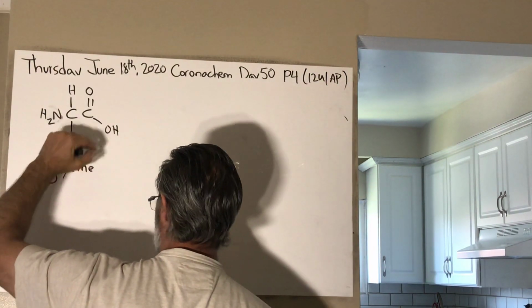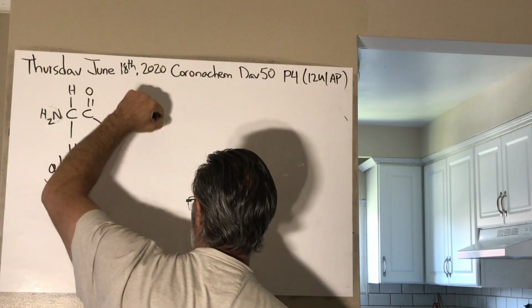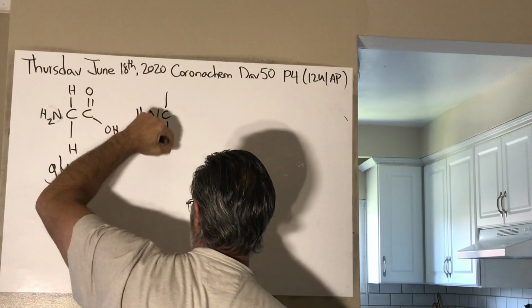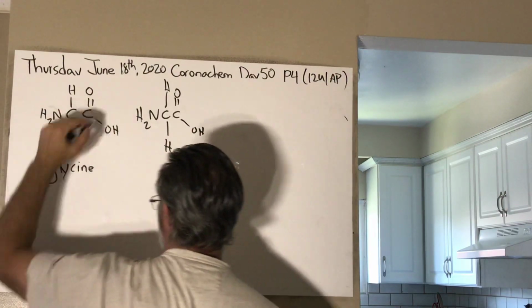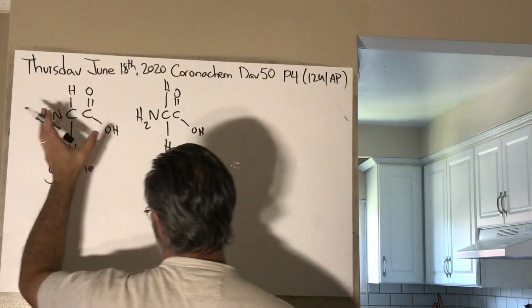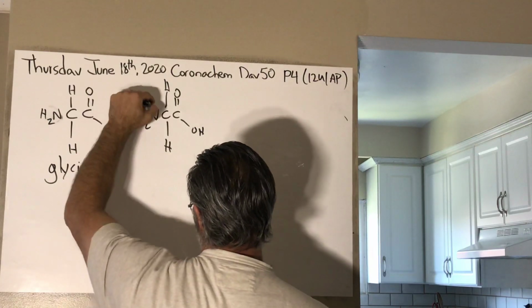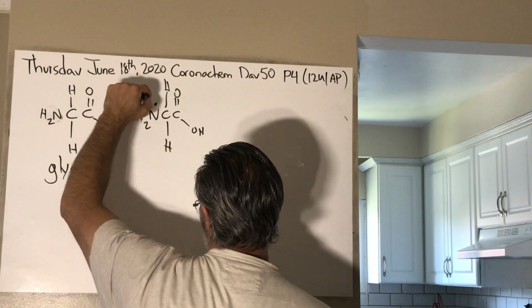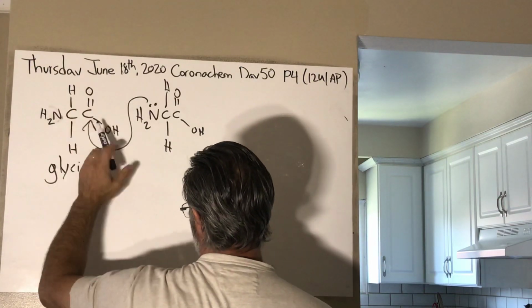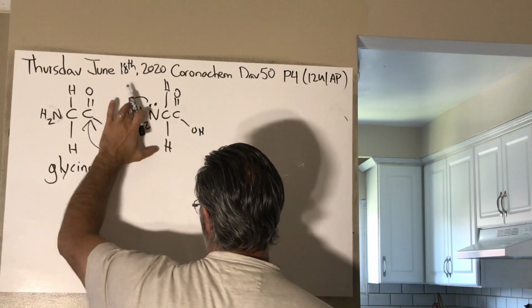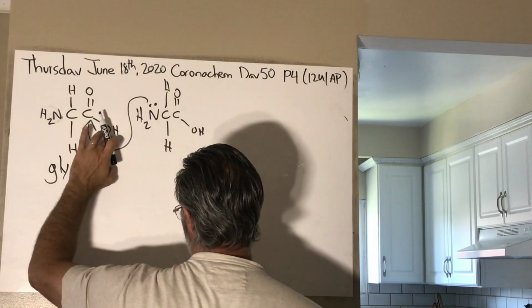If you take 2 glycines and put them next to each other, now I forget which one loses what. I think the nitrogen ends up attacking the carbonyl, and in the process one hydrogen is lost from the nitrogen and the OH is lost from the carbonyl.